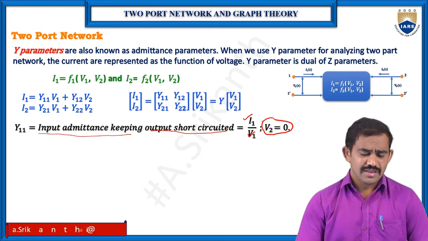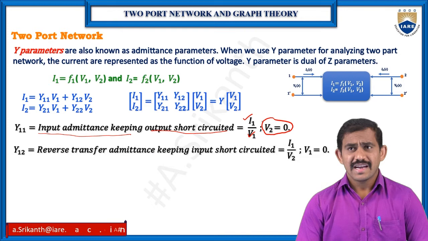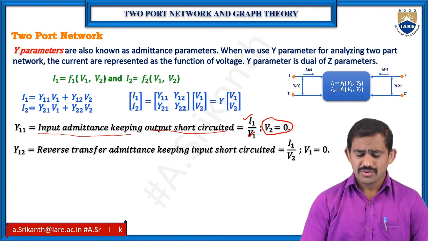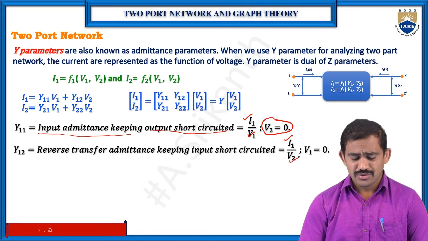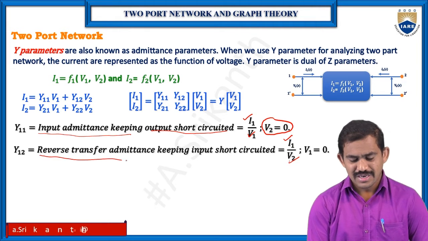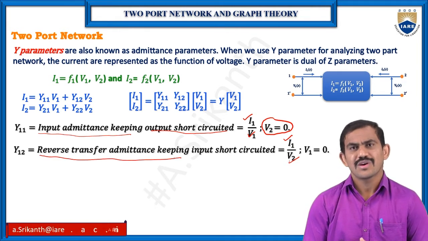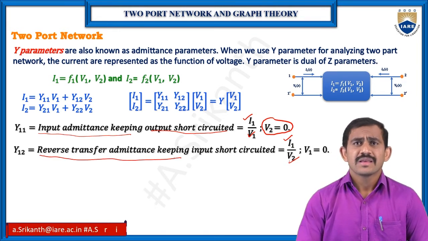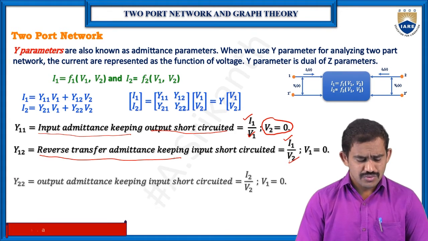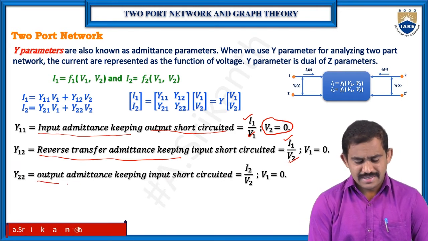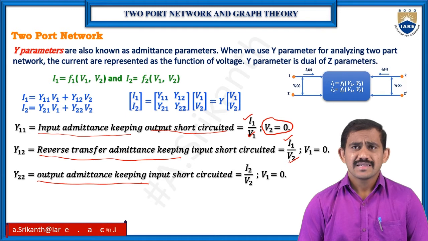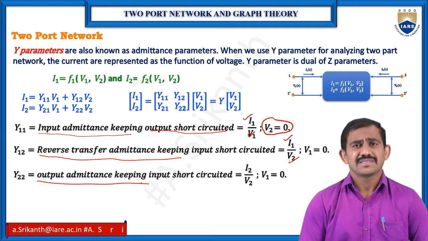Same thing we have for the y12 value, I1 by V2. When we have I1 by V2, this is the reverse transfer admittance. Y reverse means we are using the V2 value. And same thing, the y22 value is output admittance, and the primary is short circuited.